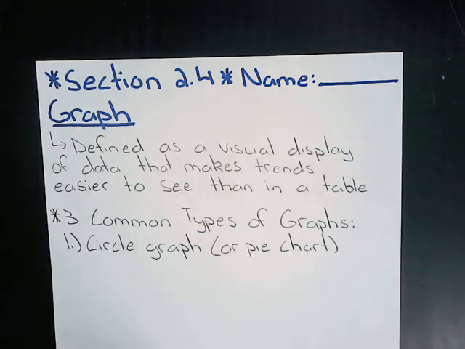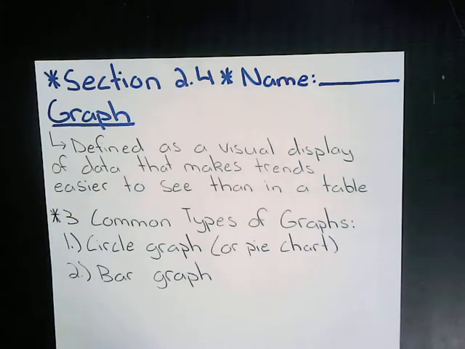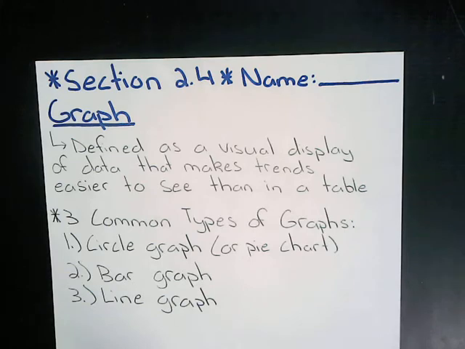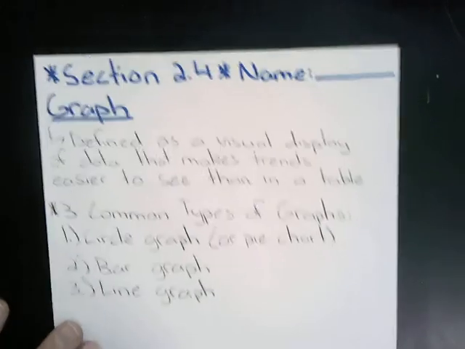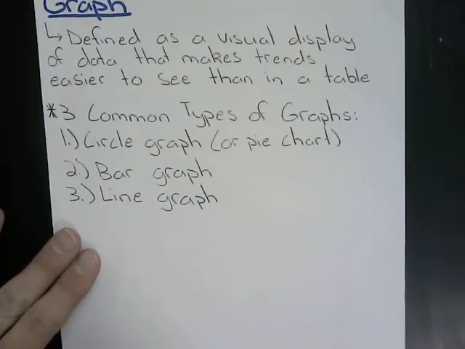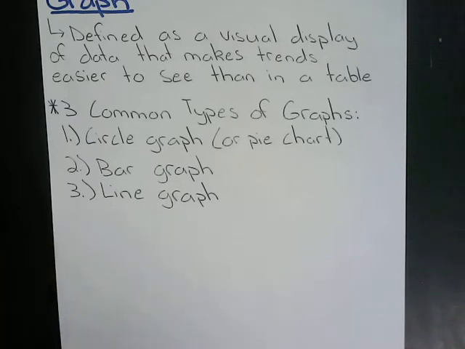Another graph is a bar graph. And then a third type of graph is a line graph. We'll go over more details on each of these types of graphs in the notes to come. Now, the types of graphs will be determined by each individual set of data.